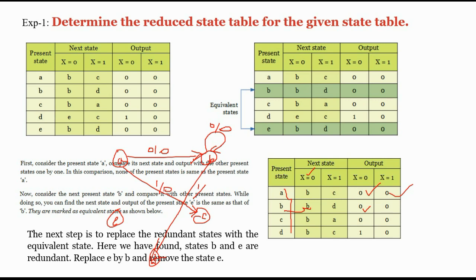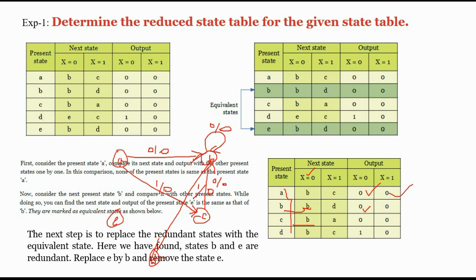And C to B is a directed line, and what is the input? x is 0, and the corresponding output is also 0. B to C is over.